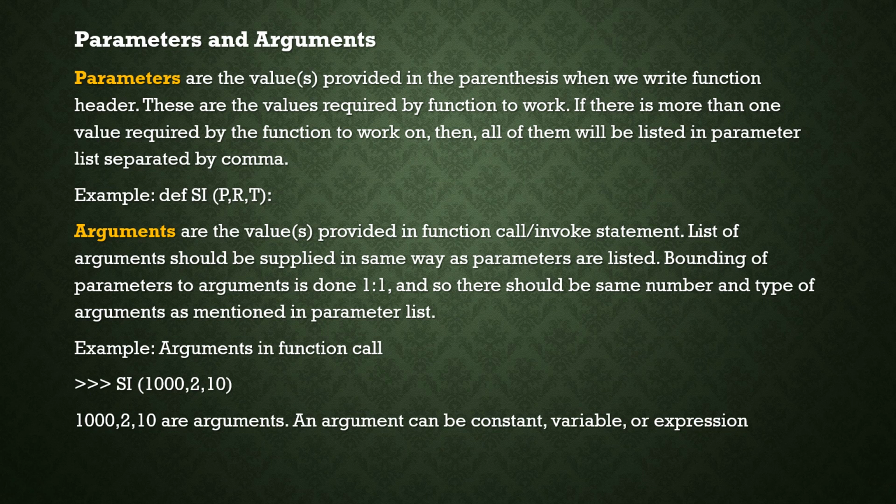Whenever you specify the function header, the number of parameters is 3 and the type is integer. Then in the arguments also, the number should be the same, that means 3, and the type should be integer only. So the number and data type of parameters should be the same as the number and type of arguments.